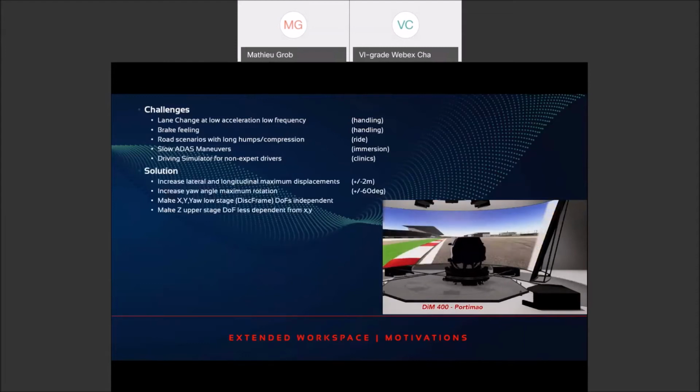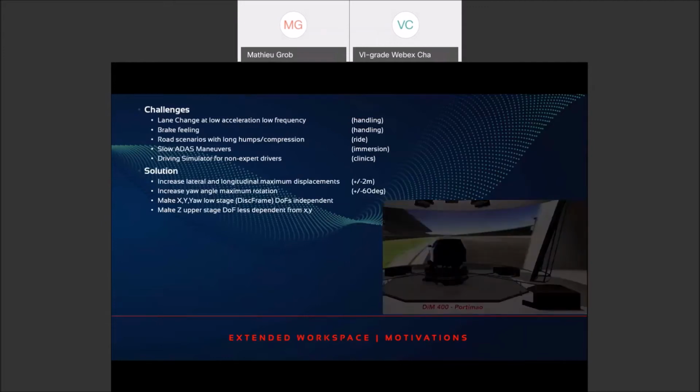So the solution we have developed is to increase lateral and longitudinal maximum displacements from plus or minus 2 meters, so 4 meters overall. We have increased the yaw angle maximum rotation, and still we have exactly the same philosophy with, for example, a low stage with X, Y, and yaw, the disc frame, that are independent from the upper stage, also with 6 degrees of freedom, and also higher Z capabilities for, as I said, for example, roads with long humps or compressions.